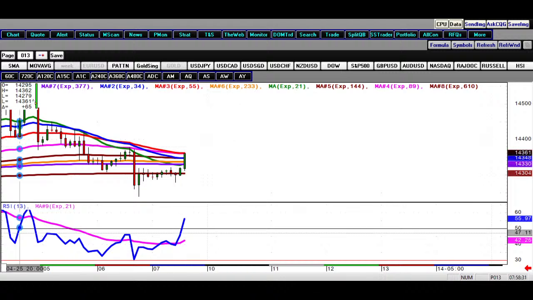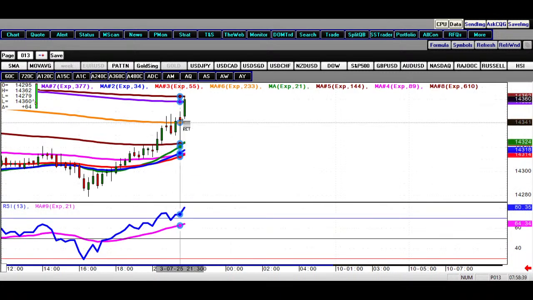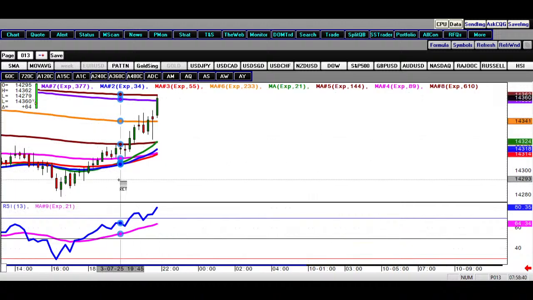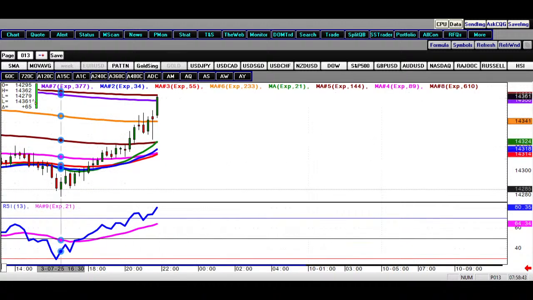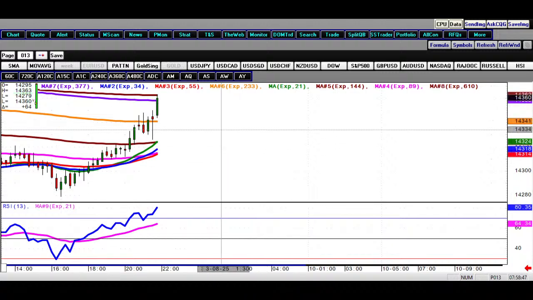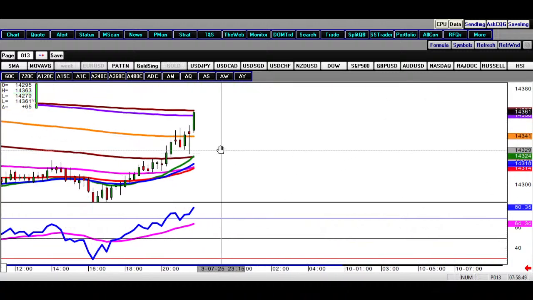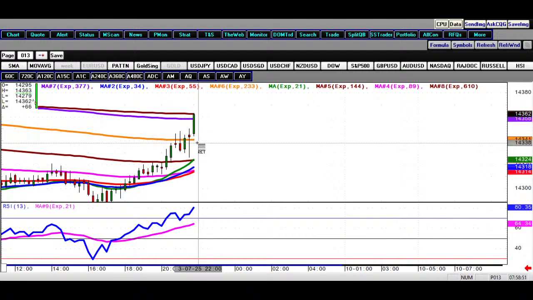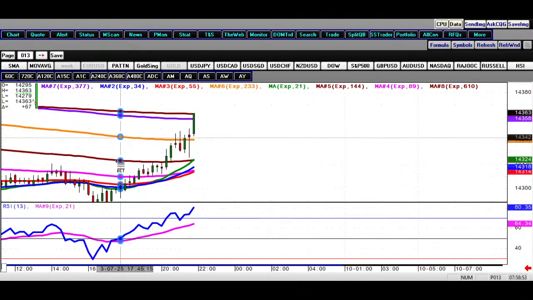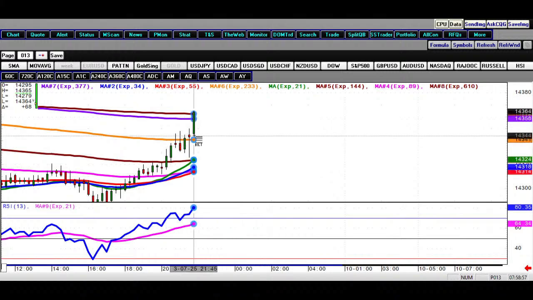So now what we can do is go for an entry. We'll try to enter a buy at 143.45. Then we will see over the next 15 minutes whether this is going to come back to that 45.